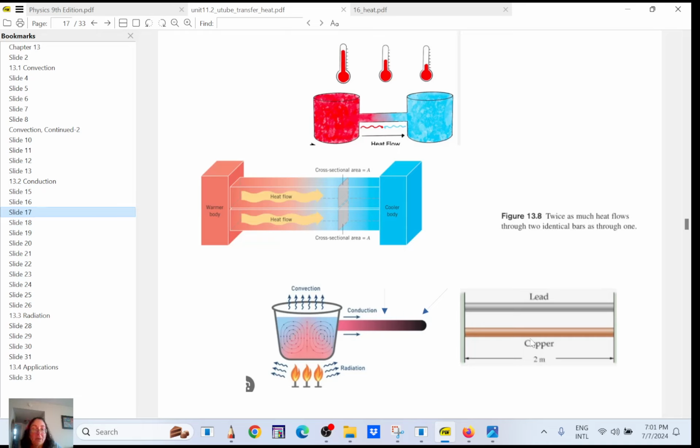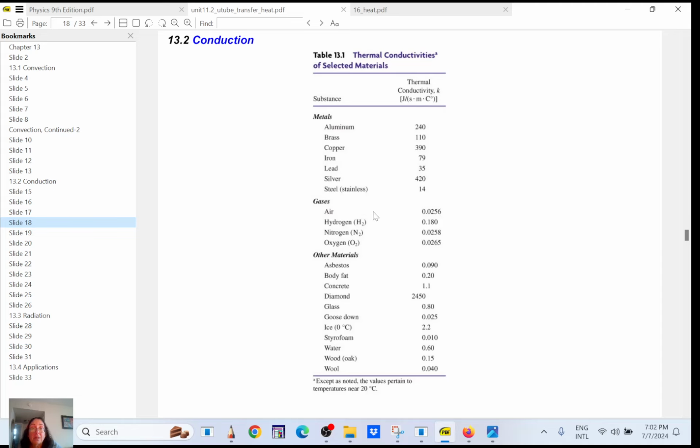For the same length and the same temperature difference, you see which one will be a better conductor: copper relative to lead.